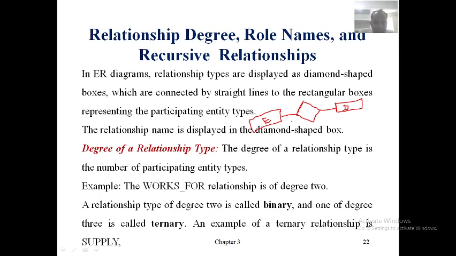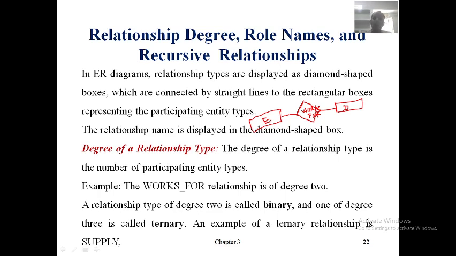The relationship type's name is given in the diamond shaped box, like works for. Works for is a relationship.